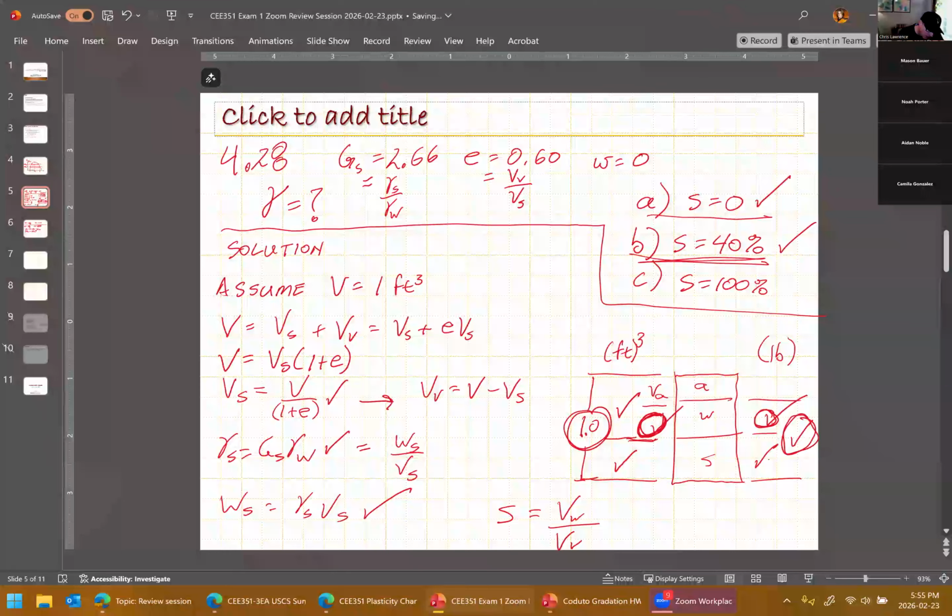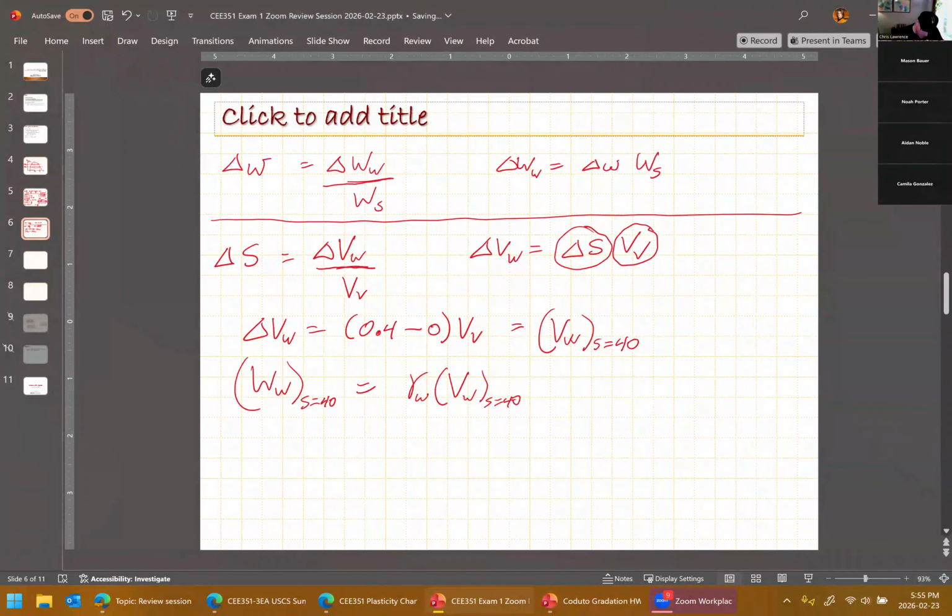And then the same idea, really, is for S equals 100%. So VW for S equals 100% would be, well, I can go back to the beginning, or I can go with the 40%. Maybe it's better to go back to the beginning, but it doesn't really matter. 100% minus the original 0% is the change in water times the voids.